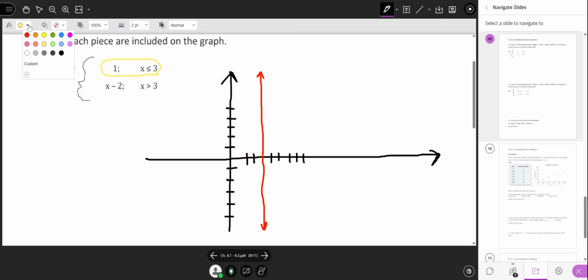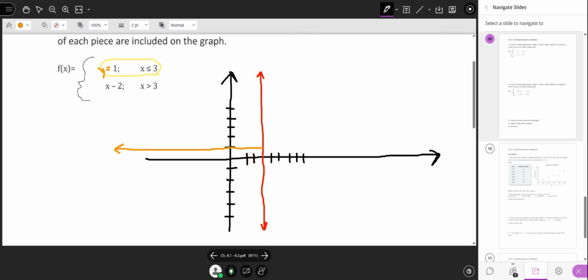All right? Y equals 1 is a horizontal line at y equals 1. So when this says f of x equals blah, blah, blah, this is saying y equals 1.